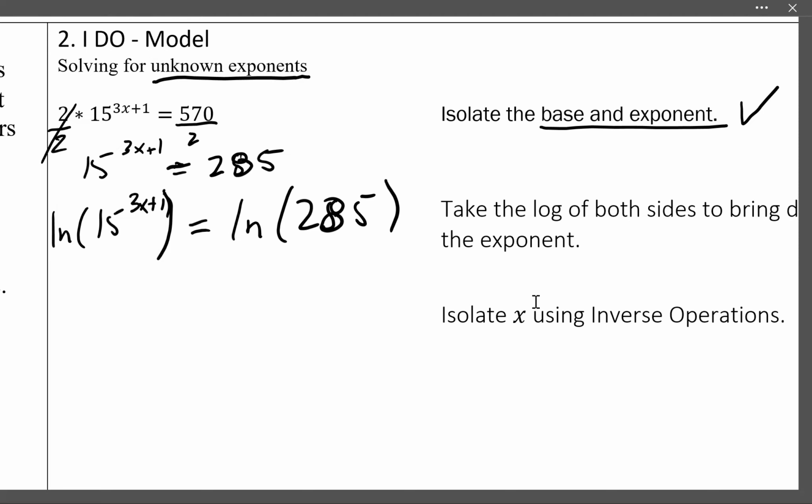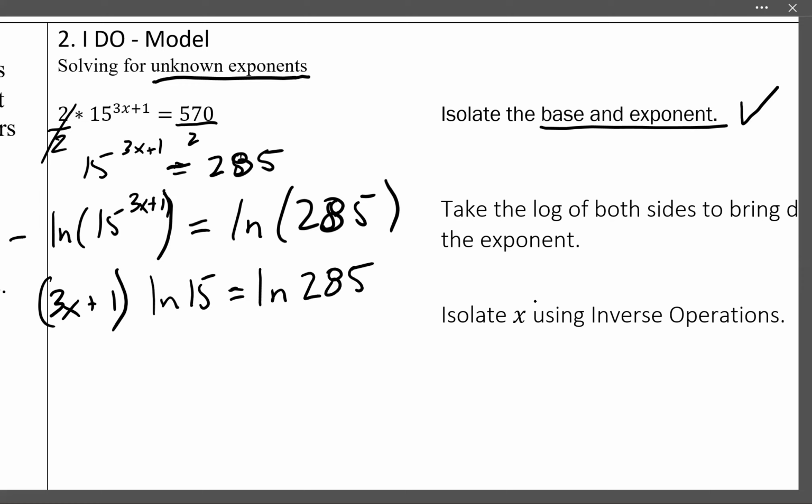Okay, so now let's show the exponent coming down. So when we take the log of something with an exponent, we can take that exponent and write it in front as a coefficient. So 3x plus 1 in parentheses times the natural log of 15 equals the natural log of 285.